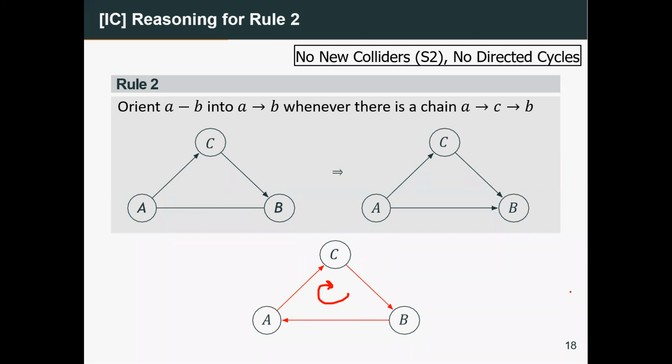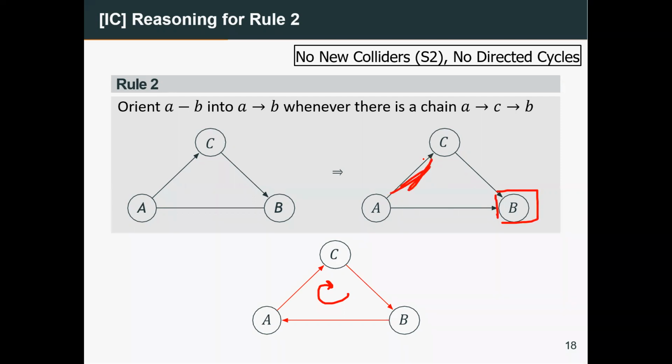Yeah, just one question here though. Since we don't want to create colliders, we do end up creating a collider here with B, right? Yeah, so creating the collider on B in this case doesn't matter because there's already a dependence between A and C. Because the two are going to be dependent, it doesn't matter if we block here or not.